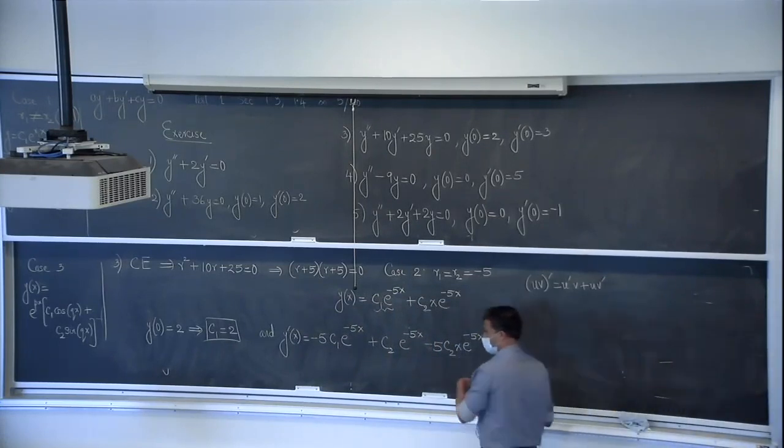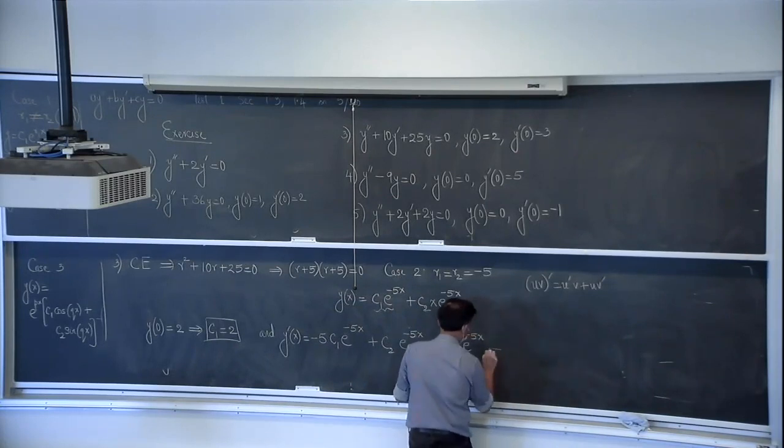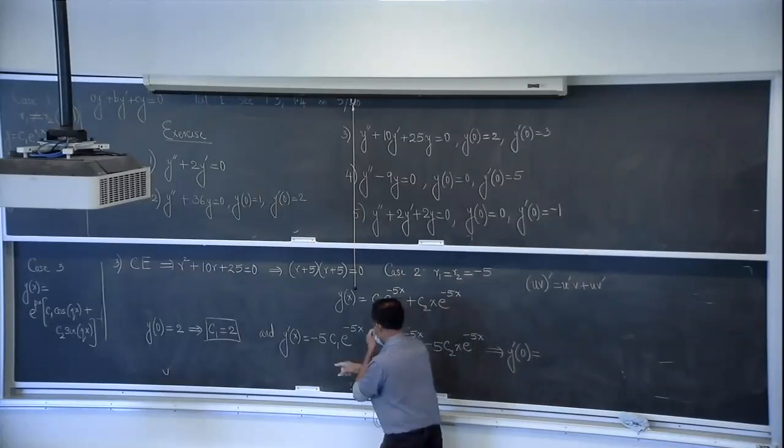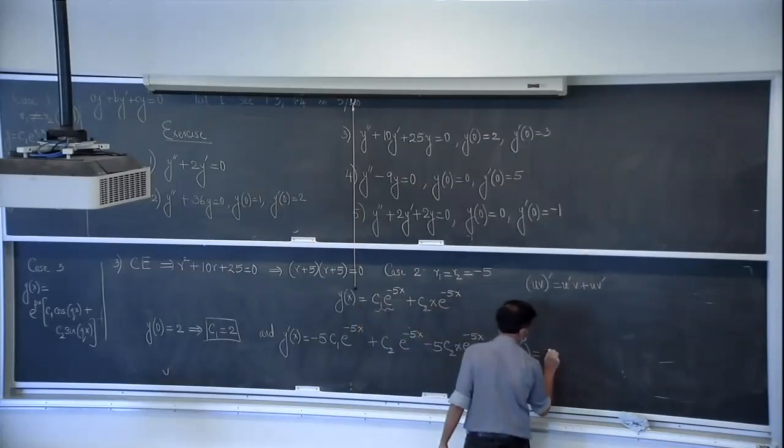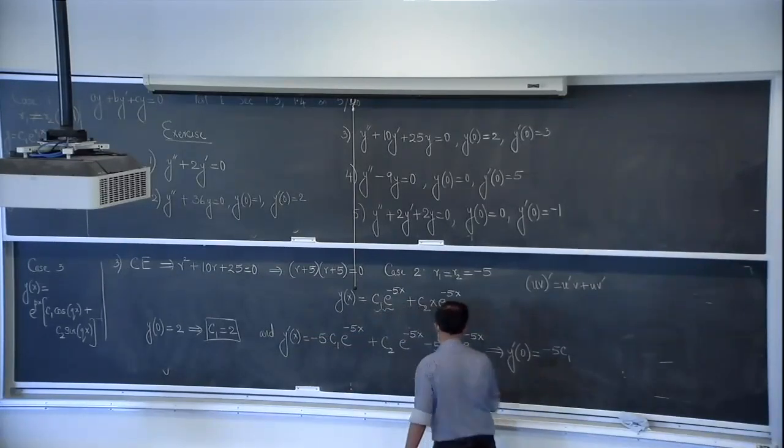And now you can plug in 0. Please don't plug in 0 and then find the derivative. Okay. Find the derivative, then plug in 0. That is obvious. y prime of 0 equal to -5 C1. Don't forget, we already know C1. Okay. So it's -5 C1 plus C2.